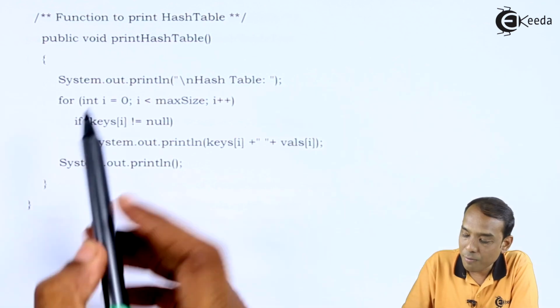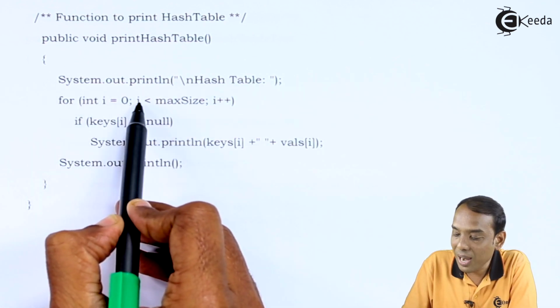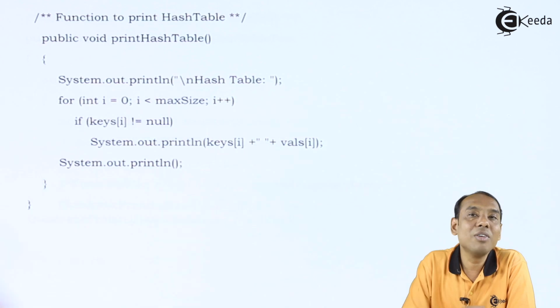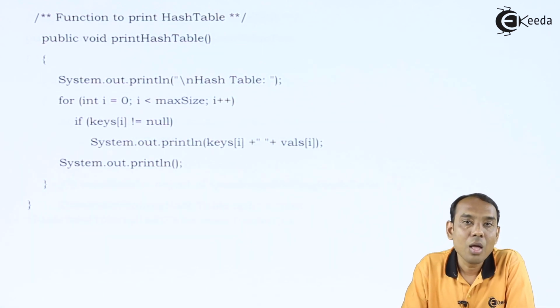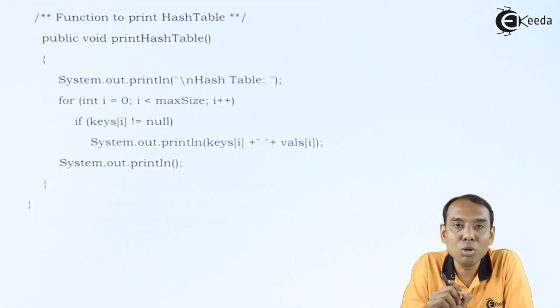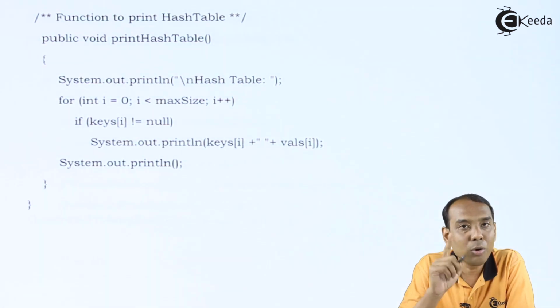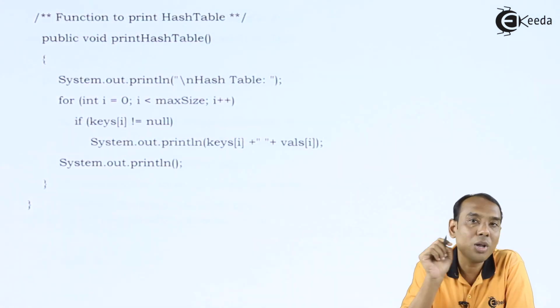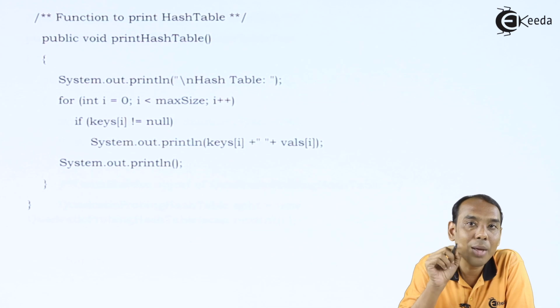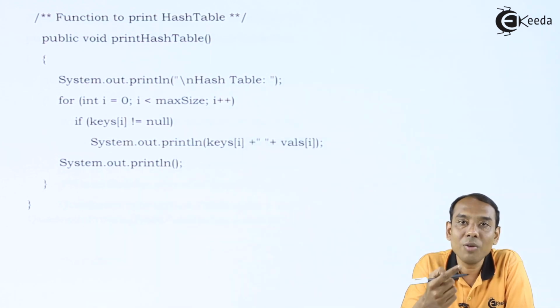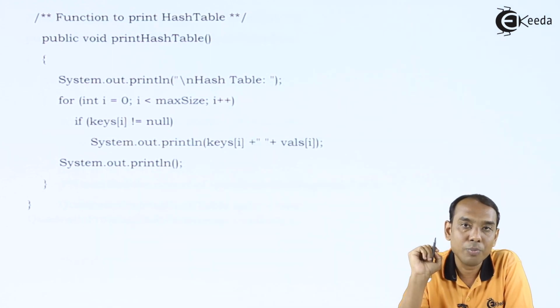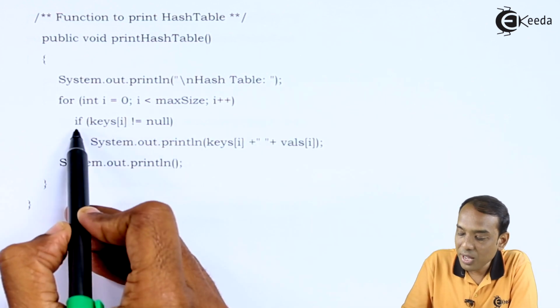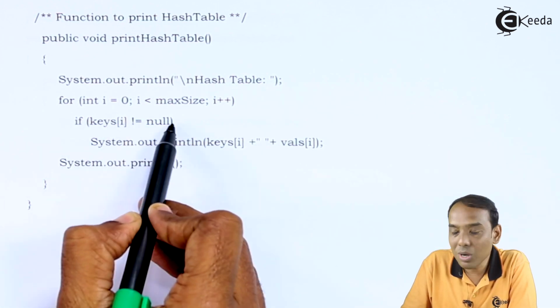So we write down for int i = 0, i less than maxSize. Then we will check with the keys. In a hash table, all the values are stored against the keys. If you are able to find the key, then its corresponding value you can find out. If you are not able to get the key, its corresponding value won't be available to you. So we have the condition if keys[i] not equal to null.